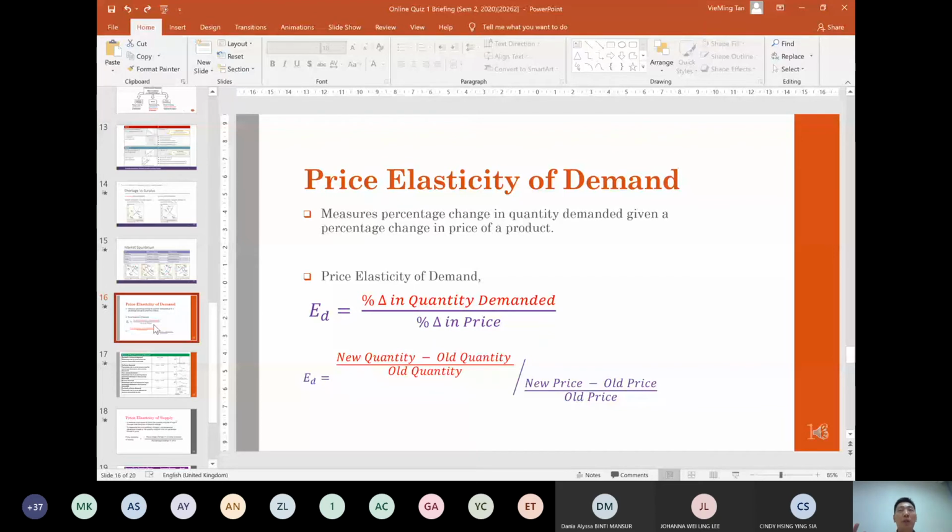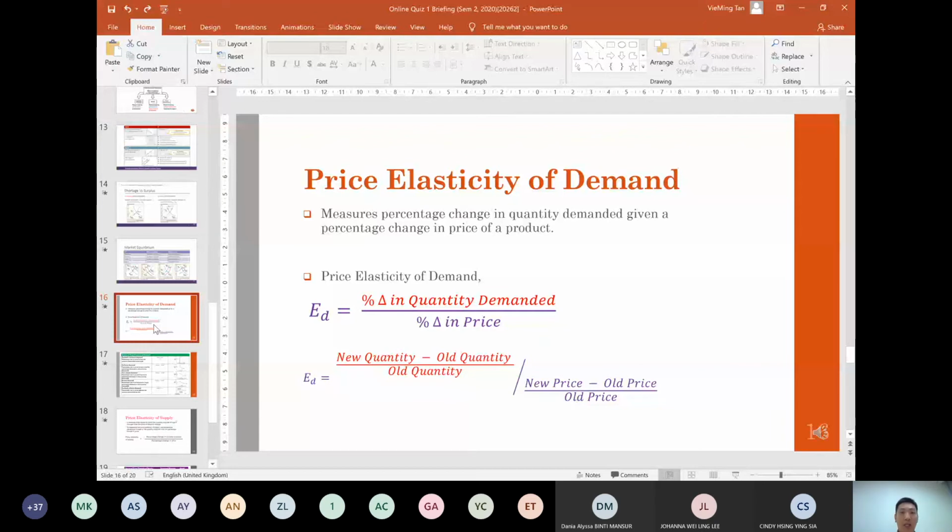But these two laws never inform us to what extent the quantity demanded and quantity supplied will change. So how do we know to what extent the quantity supplied or quantity demanded will change?